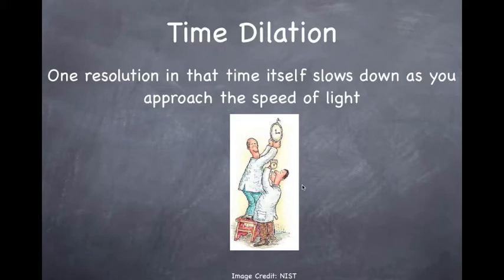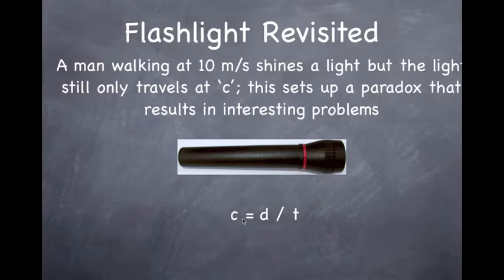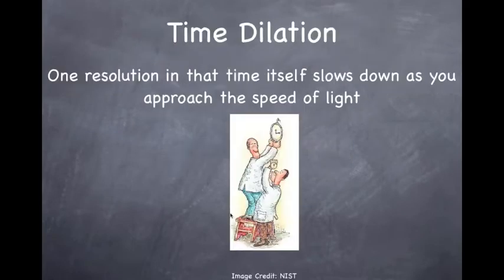Time dilation is one resolution, in the fact that time slows down as you approach the speed of light. Remember, we have two things involved in the speed of light: distance and time. If we have time dilation, where this term actually increases, well, increasing the time has an overall effect of decreasing the supposed difference in the speed of light.